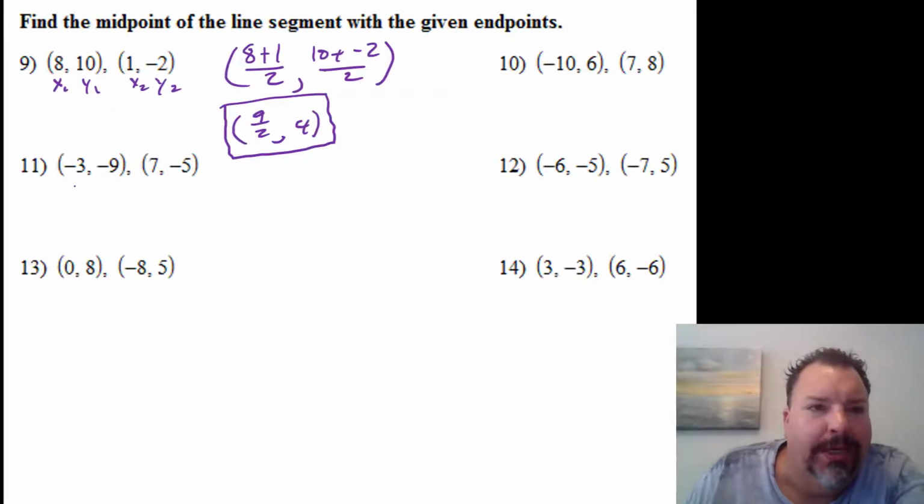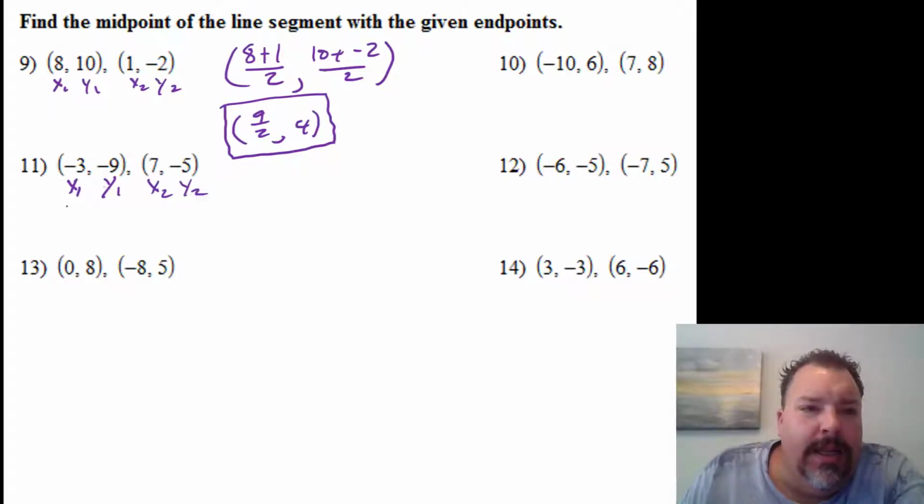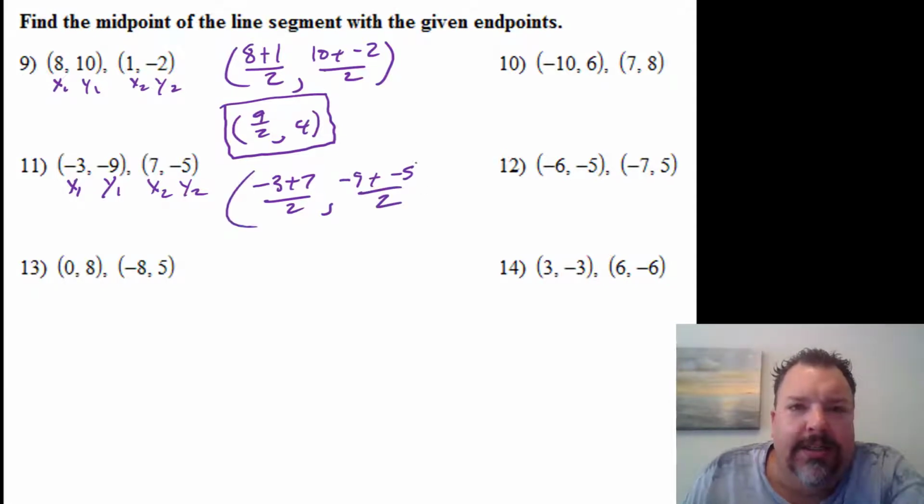Okay, we'll do one more here. Let's try 11. So this is x1, y1, x2, y2. And again, we're going to add up the x's. So we got -3 plus 7 divided by 2. And we've got -9 plus -5 divided by 2. This formula helps because then we don't have to graph it, and we know what the midpoint is.